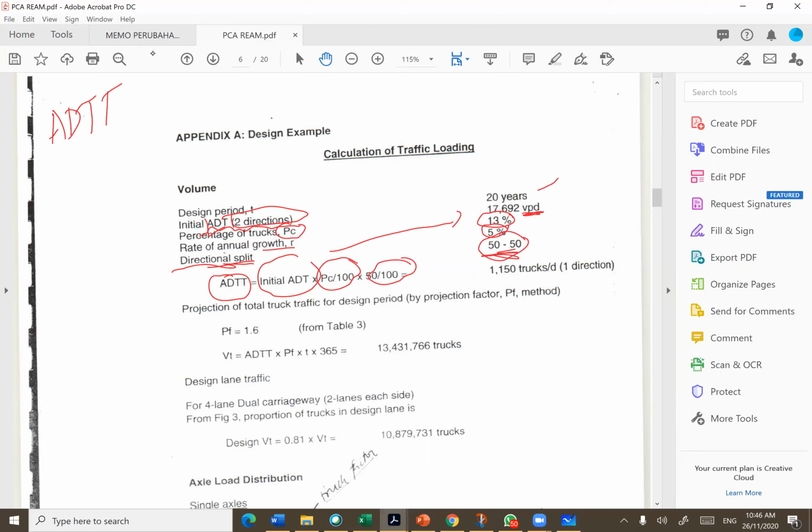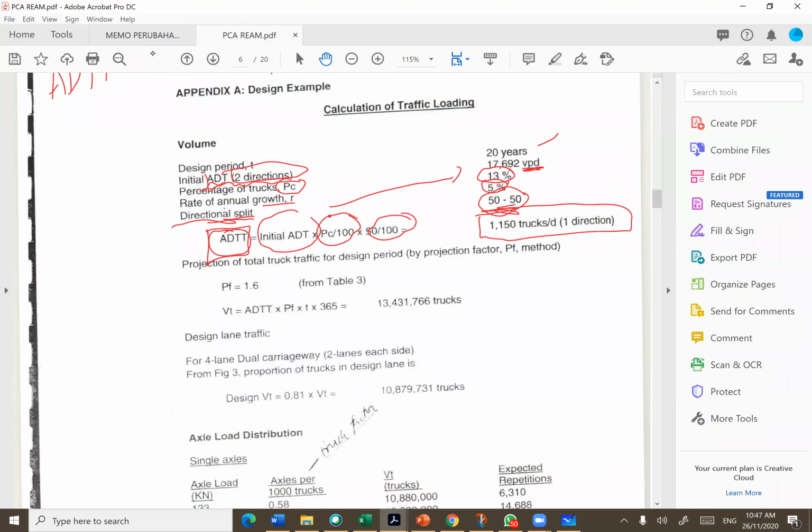So they get 17,692 times 13% times 50%. They will get 1,150 trucks per day. It's not per year yet. It's per day, average daily truck traffic, ADTT, 1,150 trucks per day per direction.